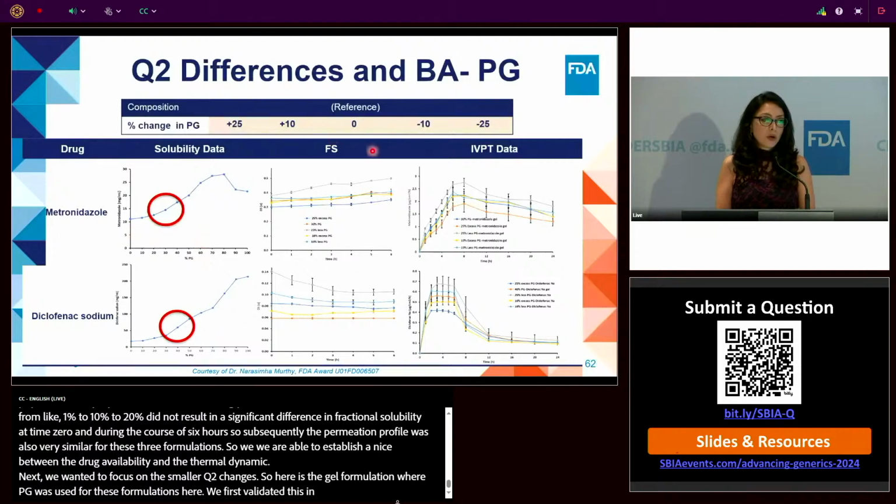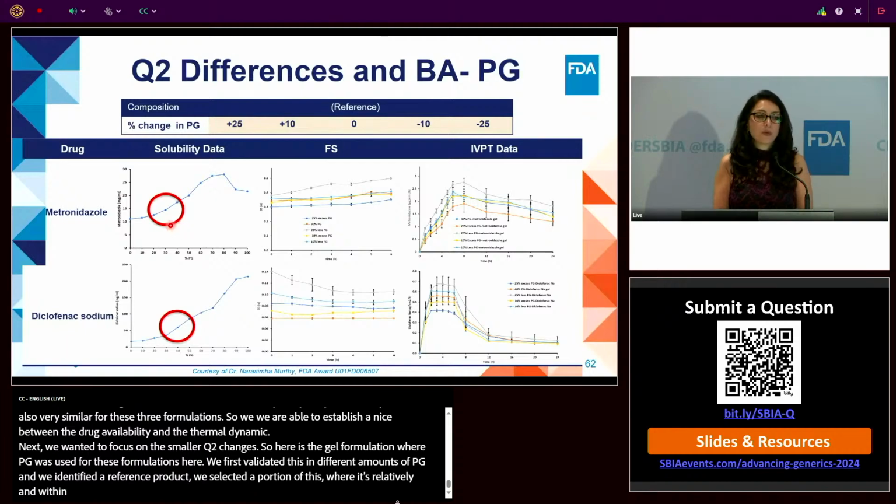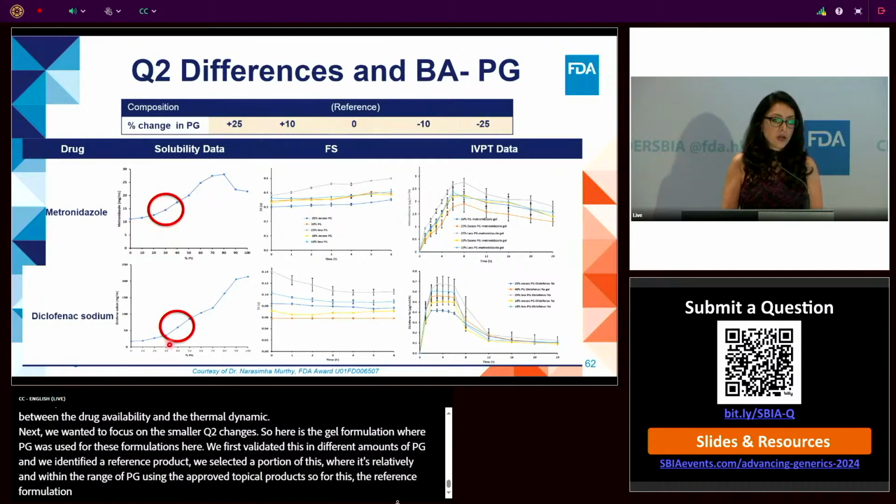For identifying the reference product, we selected a portion of this curve where it is relatively steep and within the range of PG amount used in approved topical products. So for metronidazole, the reference formulation contained 30% PG, but for diclofenac, the reference formulation contained 40% PG.